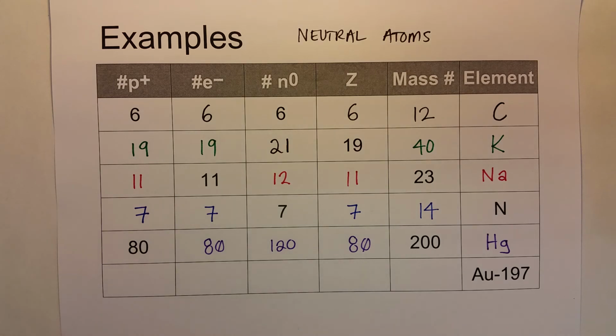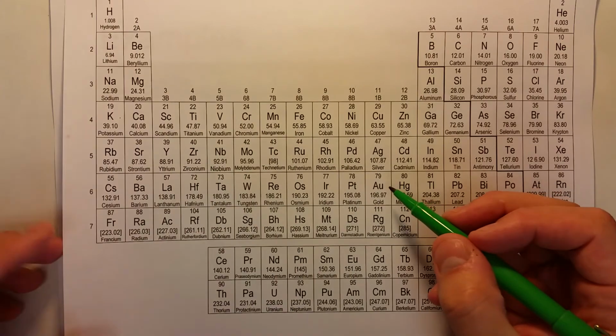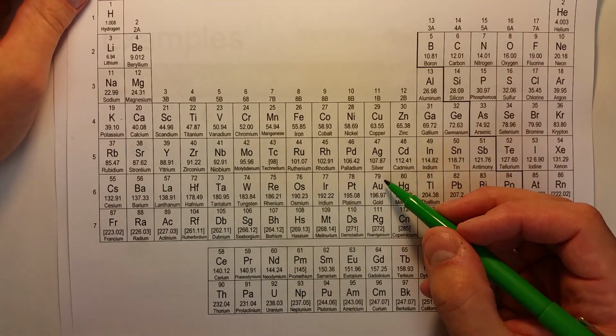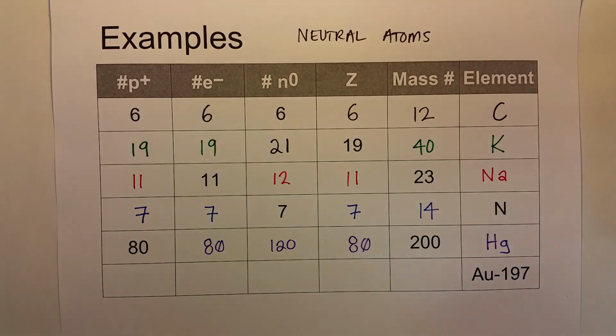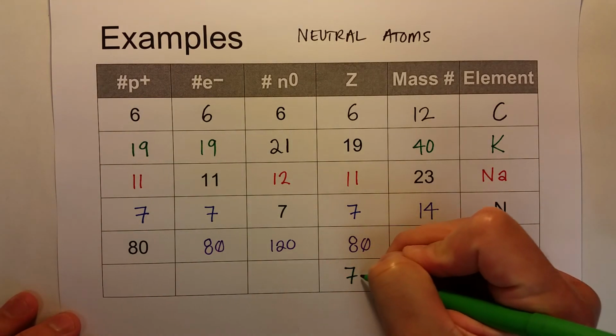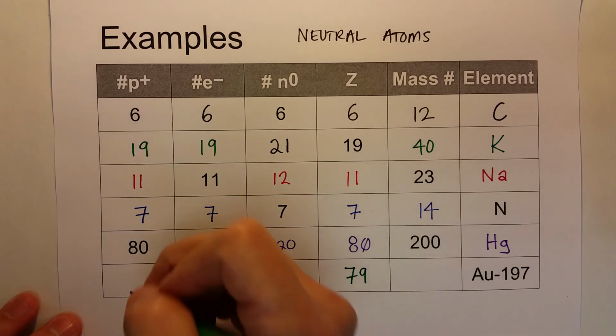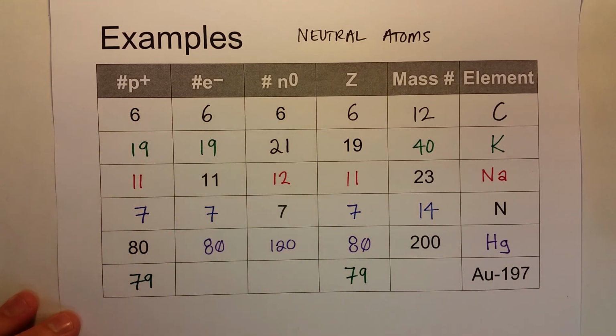Our last line gives us the element symbol and mass number written as its isotope. So that's Au-197. Au is the elemental symbol for gold, and so that's how we're going to figure out how many protons it has, because it has an atomic number of 79. If it has an atomic number of 79, of course, that means it has 79 protons.